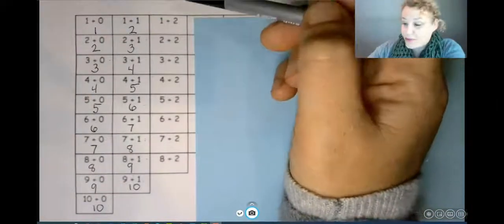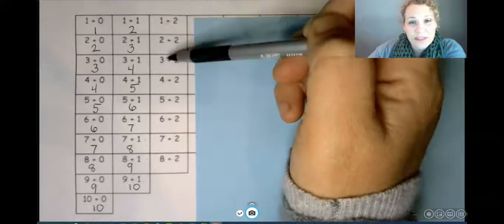Let's find the answers or the solutions to the expressions in this column.